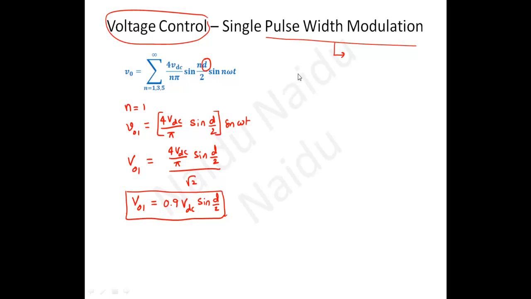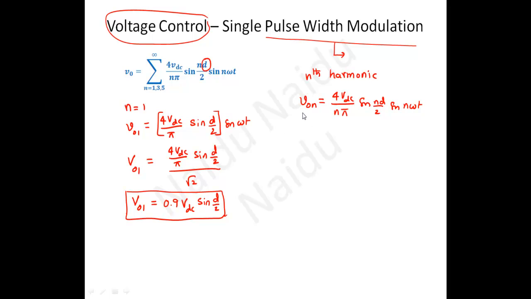Substitute n equal to n, that is the nth harmonic component. So what is the nth harmonic component? Substituting n here, V0n is 4 VDC by n pi sine nd by 2 sine n omega t. This is the nth harmonic.